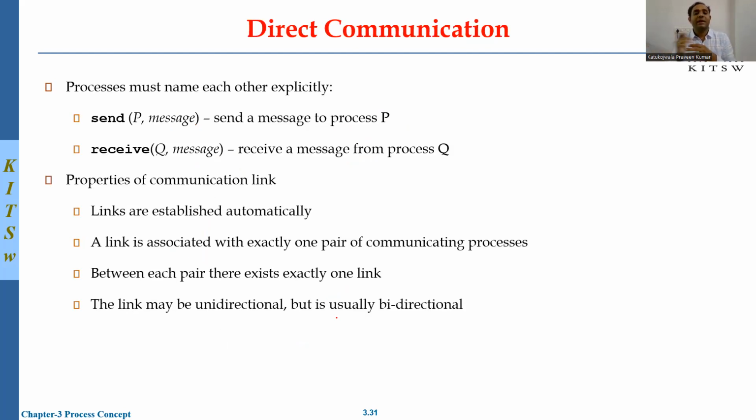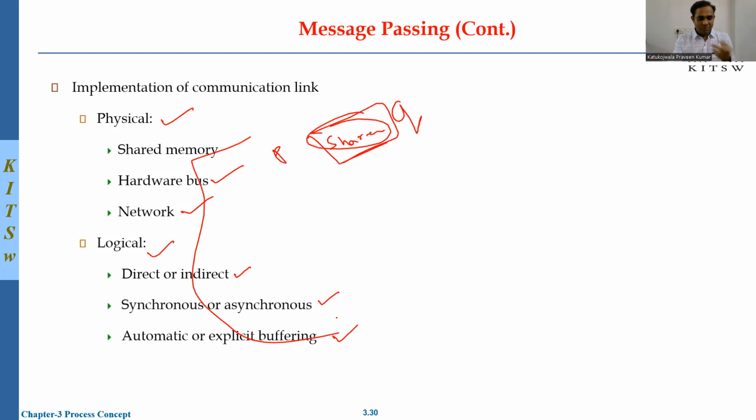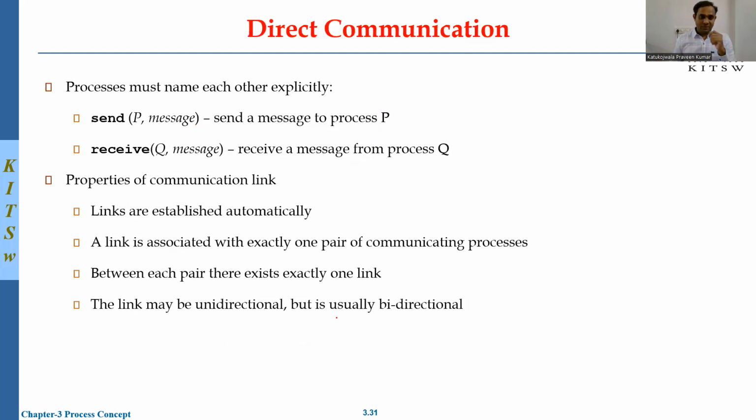Among the logical ones, the first one is direct communication. In direct communication, processes must name each other explicitly.